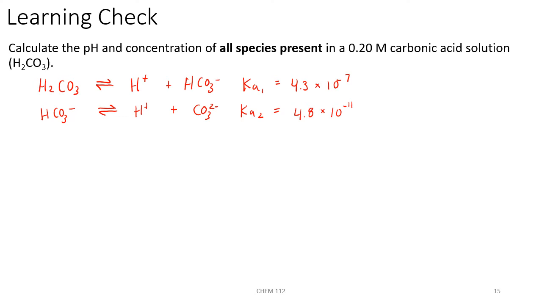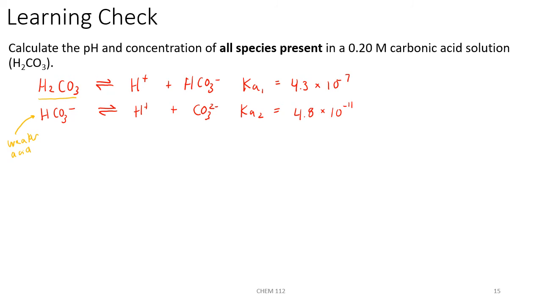So it's quite a bit smaller than Ka1 because the hydrogen carbonate ion is a weaker acid than even carbonic acid. So HCO3 minus is a weaker acid than H2CO3 is, because H2CO3 has a larger Ka value.